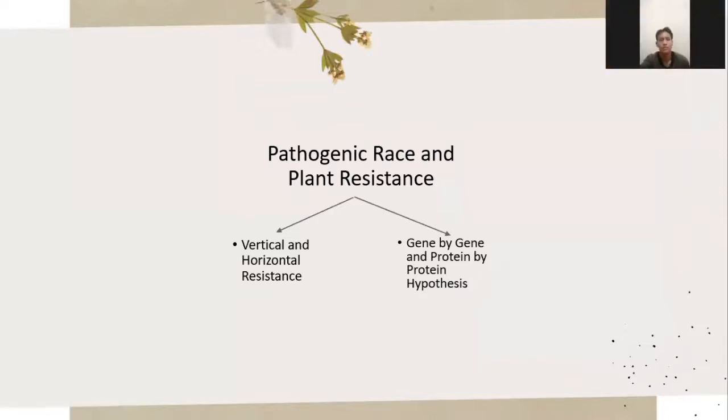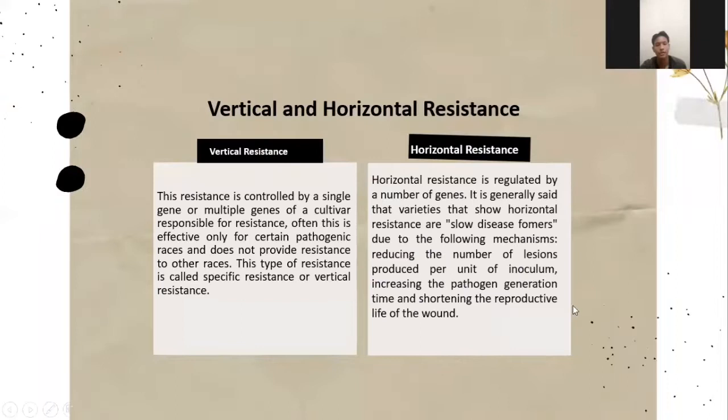Next is pathogenic race and plant resistance, which is divided into two parts. That is vertical and horizontal resistance, and the gene by gene and protein by protein hypothesis. Vertical resistance.